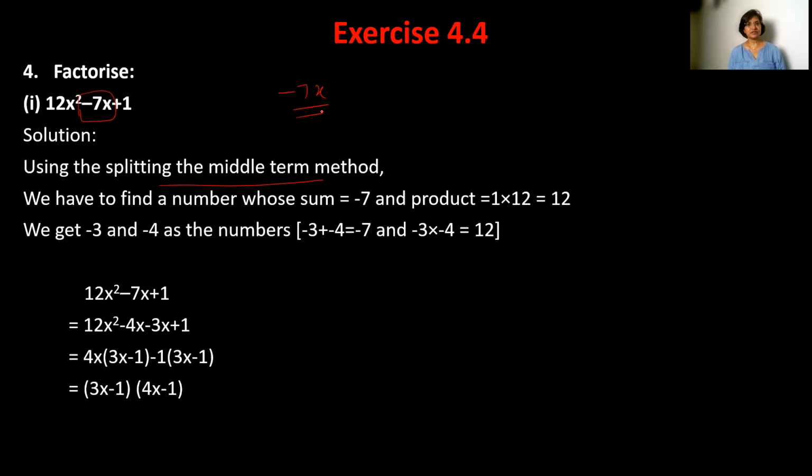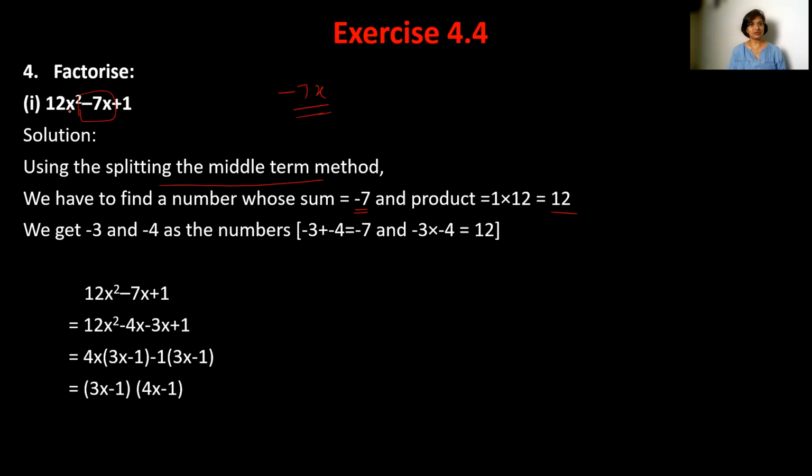The method to split is we have to find two numbers whose sum is minus 7, but one more condition is there: the product should be 12. How do we get that the product should be 12?